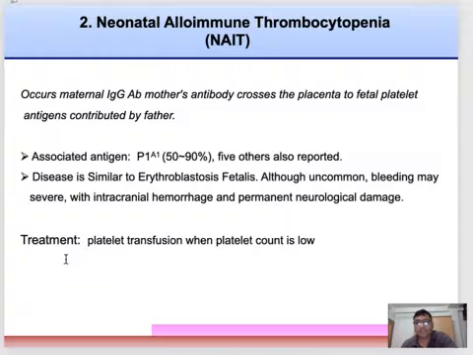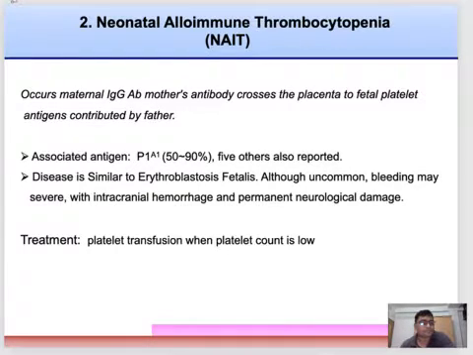And the treatment is platelet transfusion. In thrombocytopenia, the number of platelets goes down because of their destruction. So if the platelet count is very low, then we have to transfuse platelets. By this, this type of situation can be treated.